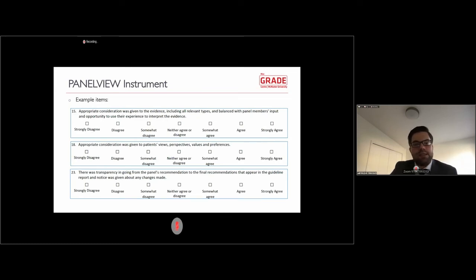The other two example items here are about giving appropriate considerations to patients' views, values, and preferences, whether that was done appropriately, and whether there was transparency in going from the panel's recommendations that they formulated in their meeting to those that appear in the guidelines. So a couple examples to show you.